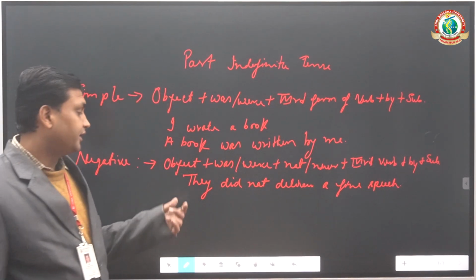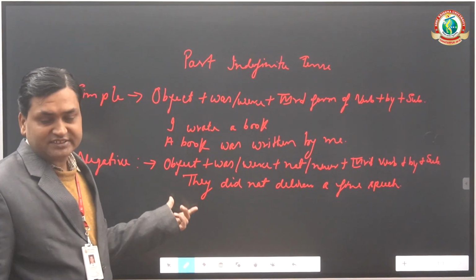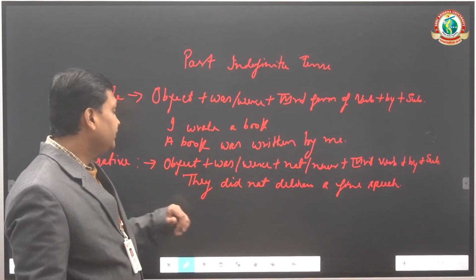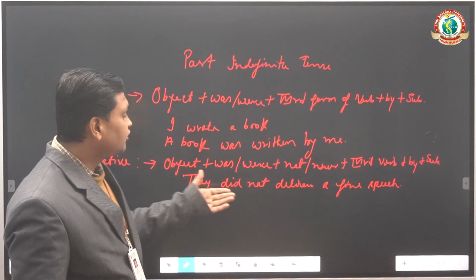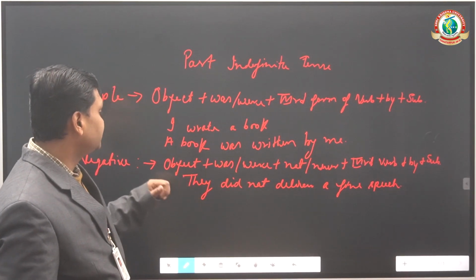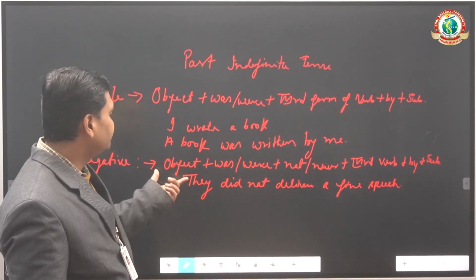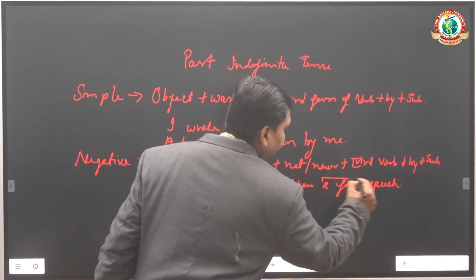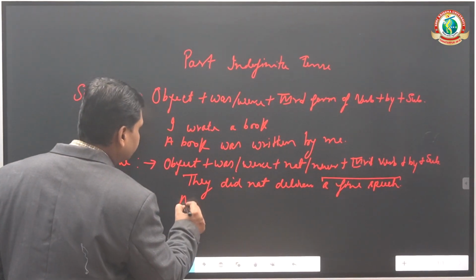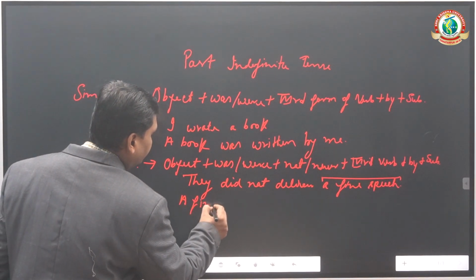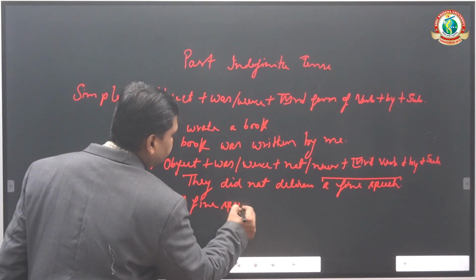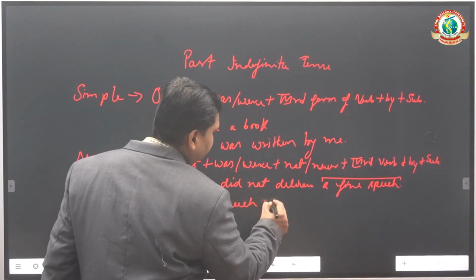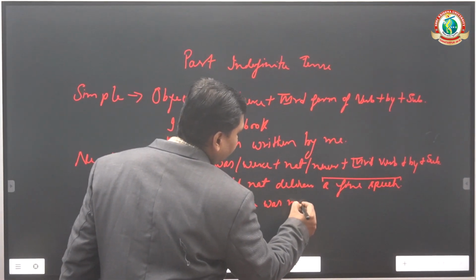Firstly, we recognize that this sentence is in past tense, in negative form. Then we think about the structure for making the passive voice of this sentence. First of all, the object: a fine speech. A fine speech is singular, then was not.